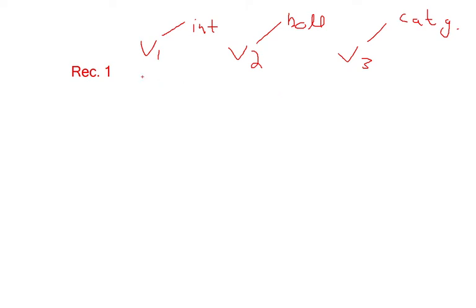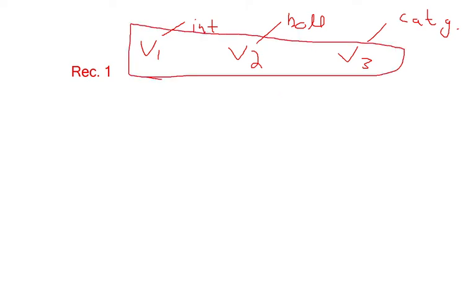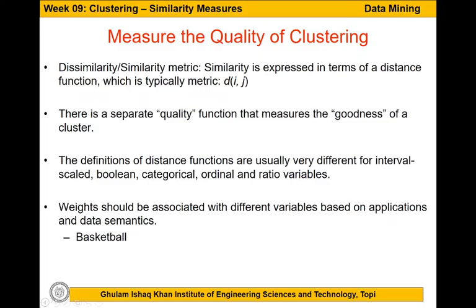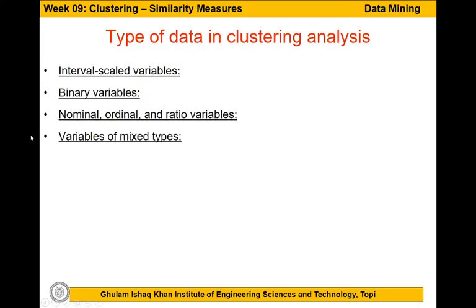So we need to know how to compute distance for each and every type of variable, right? The usual types can be interval scaled variables, binary variables, nominal or ordinal ratio variables, and mixed type variables, right?